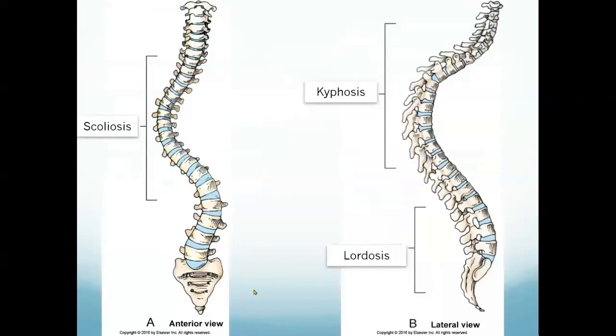Another type of curvature that can occur is a lateral curvature and twisting of the spine, known as scoliosis. In this AP view of this particular spine, we can see that the spine is twisted out towards the right side. So there's lateral curvature towards the right, and this is known as scoliosis. Scoliosis can consist of just the lateral curvature, but can also include a rotation in the spine.